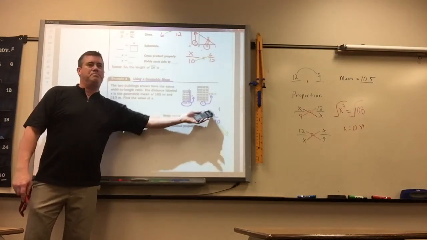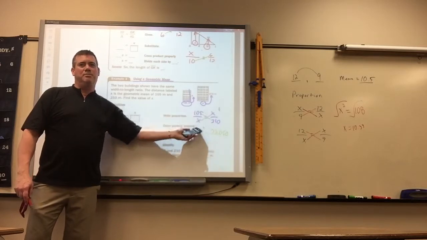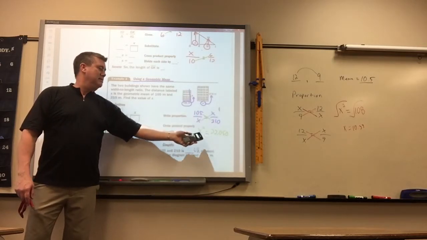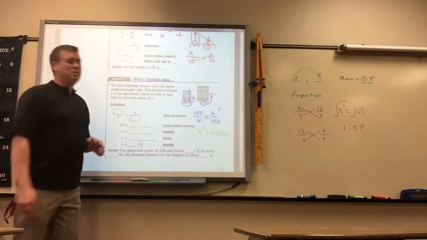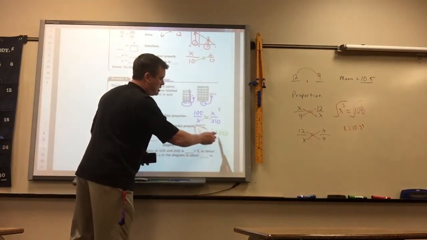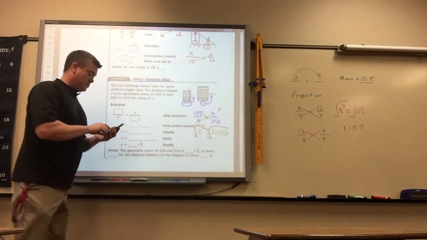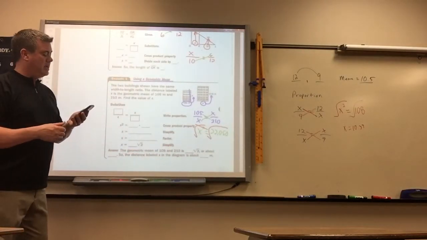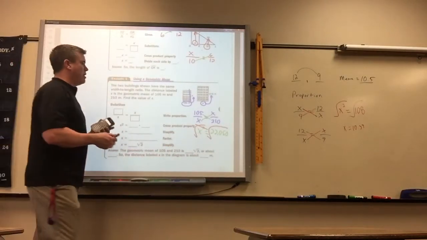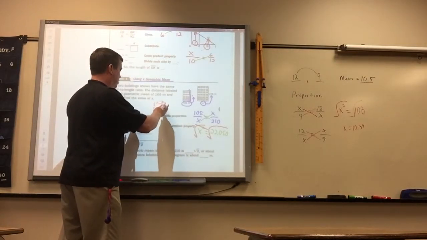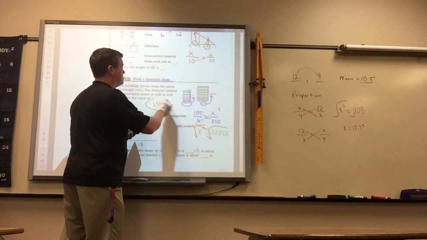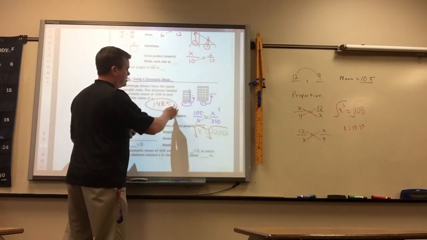You went X times X is 2X. Remember, it's X squared. So everyone know what to do now? To figure out X, square root it. To get rid of a squared, you square root it. So that would be 148.49, which rounds to the nearest tenth, 148.5. And it's in meters.